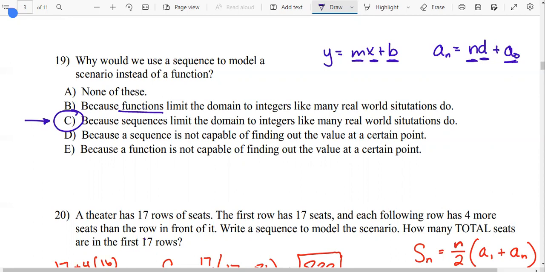That's not how the world works. We don't have 0.2 seats and we don't have half rows. So sequences are really good for real world situations where things can be counted. A sequence is capable of finding the value at a certain point, and functions are capable of finding values at certain points. So both of those are wrong as well.